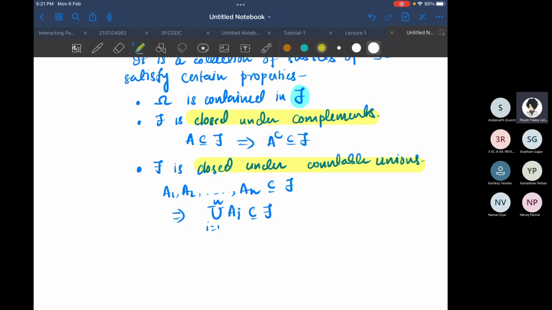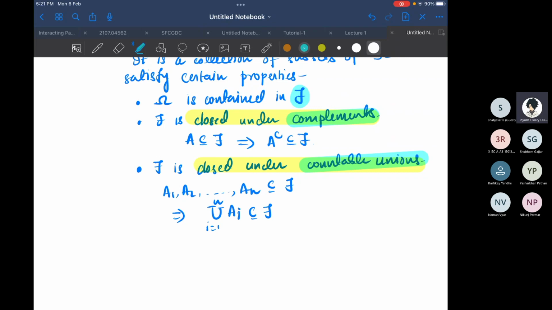What it means is that if I take these operations, complement and countable union, and apply them to any element of F, the result of that operation should also belong to F. That is what it means.